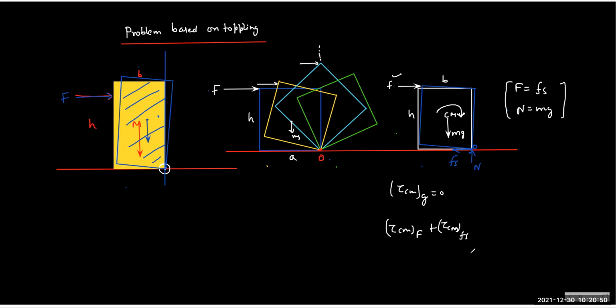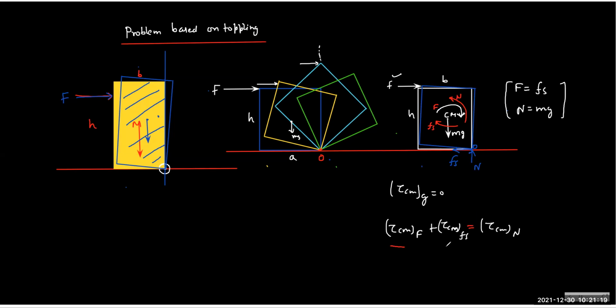Who is opposing here? Only the normal, because the normal is applying force here, which in turn is trying to turn like this. So Fs is trying to turn like this, F is trying to turn like this, and the normal is trying to turn like this.